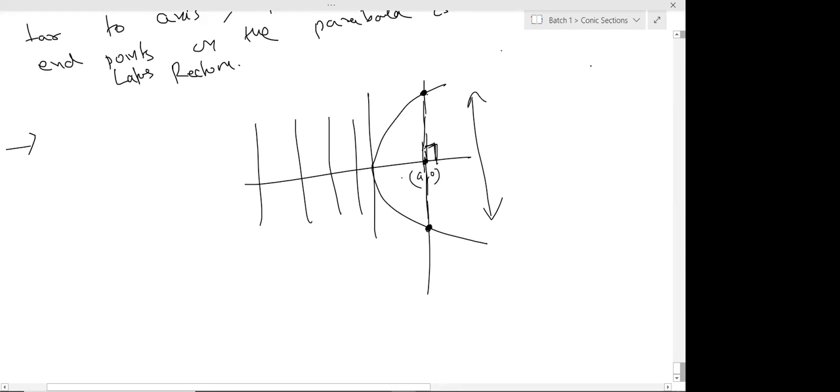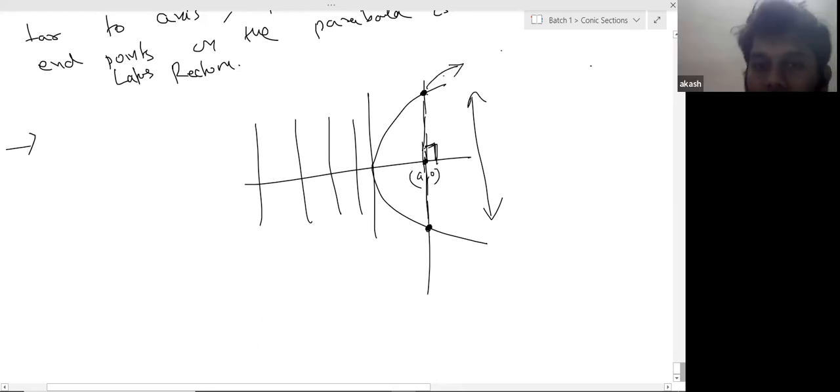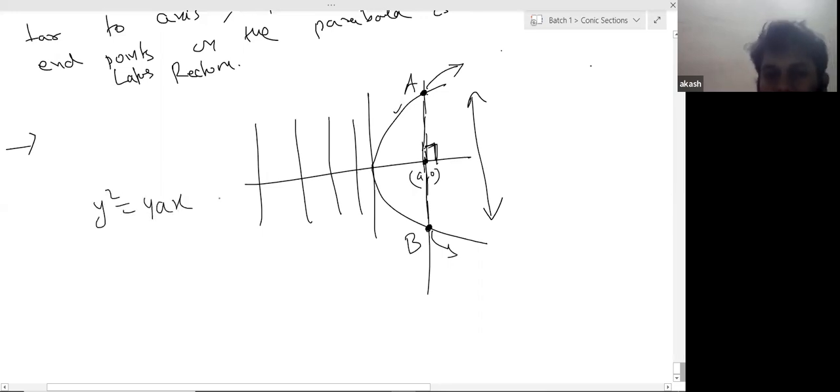Okay, so let's try to calculate these coordinates. Let me call this A and B. I know the equation of this parabola is y square equals 4ax. If the latus rectum is perpendicular to the axis, the x coordinate won't change. Let's call it x comma b, and this will also be x comma minus b.